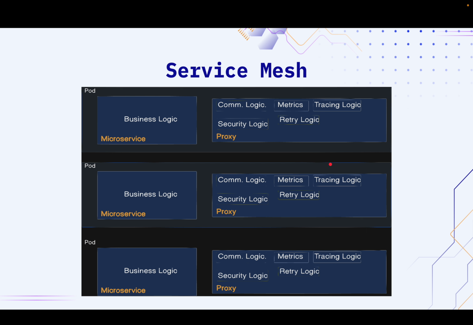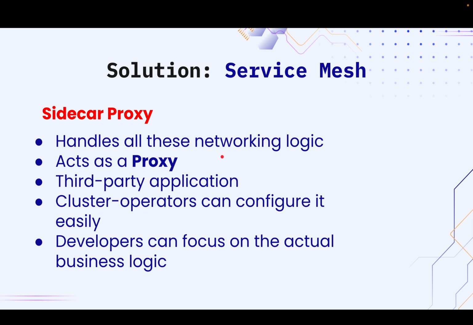Now let's understand a few more things about service mesh. Once we do this, within a pod we have a microservice as one container, and we have another container called a proxy, or an Envoy proxy, that is going to have all these non-business logics. So this is a sidecar proxy.